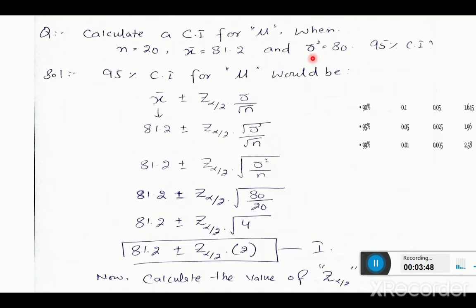When you take the root of the variance, it becomes your standard deviation. So we take the square root of the variance and write it divided by under the root n. So 81.2 plus z alpha by 2 and 81.2 minus z alpha by 2.